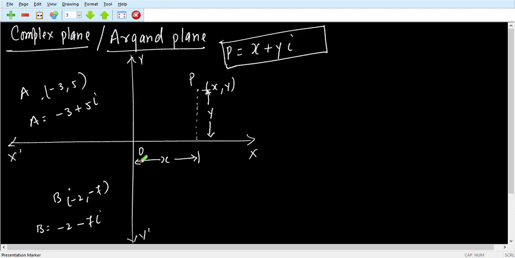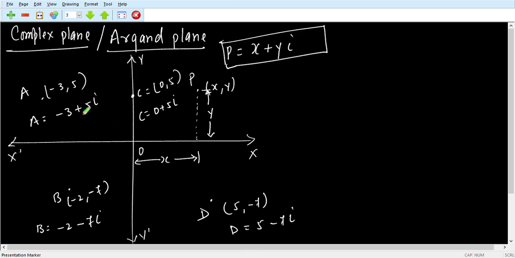Let us suppose a point on the y-axis, C equal to 0 comma 5. It means this C is 0 plus 5 iota, and so on. Let us suppose a point D, that is 5 comma minus 7. It means that D is 5 minus 7 iota.